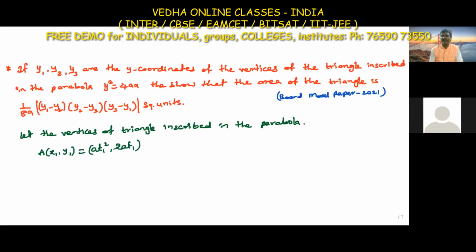The B point (x2, y2) is equal to (a t2 square, 2a t2), the second point. I am taking the third point C (x3, y3), which is equal to (a t3 square, 2a t3). These are the parametric form points.